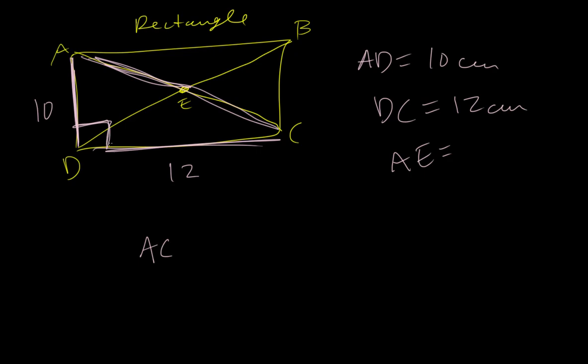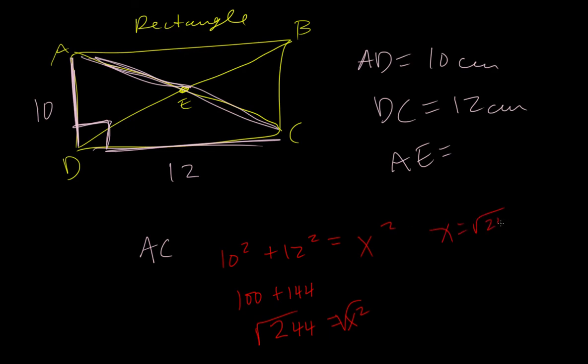This is a right angle because it's a rectangle, and so we can do the Pythagorean Theorem, and we're going to find the entire length of that, so I'll just call it x. So 100 plus 144, that's 244, and then we square root both sides, so x equals the square root of 244. Once again, you can turn that into a decimal if you want to, but that represents this entire thing.